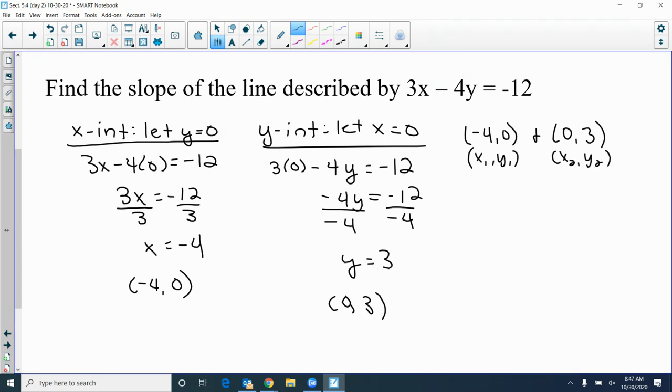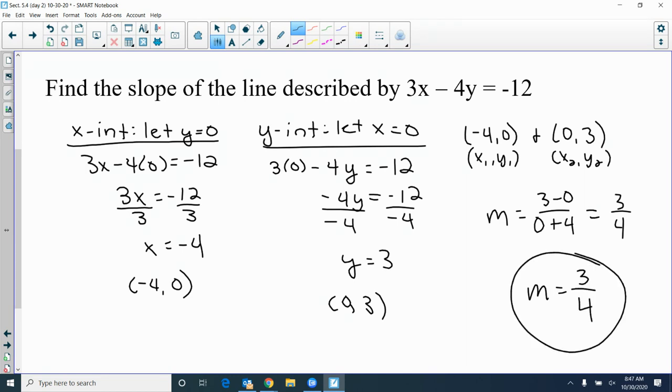With x2, y2, I'm gonna take 3 minus 0 over 0 minus -4, which is 0 plus 4. If you're subtracting that negative, make sure you make it a positive. That gives me 3/4.